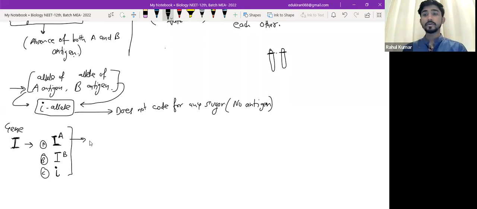These slightly different sugars give rise to antigen A and antigen B. So antigen A and antigen B both are sugars. The difference is they are just slightly different in their structure and signatures.